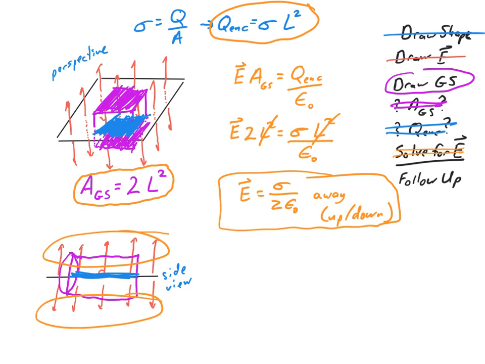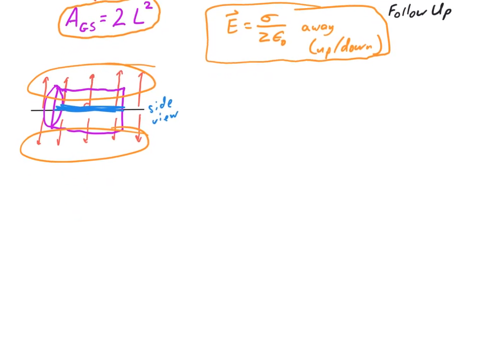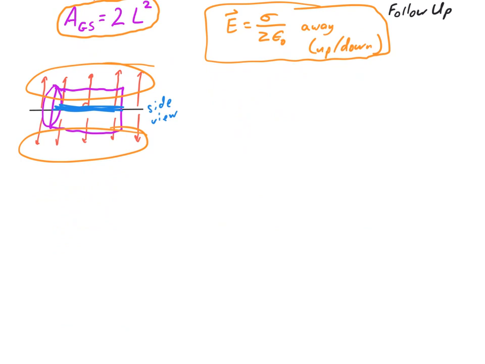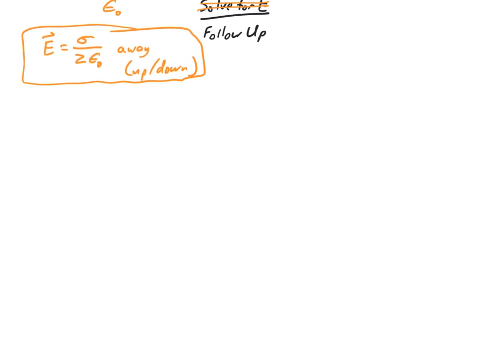I'm going to do a follow-up. And for the follow-up, I'm going to consider what's called a parallel plate capacitor. Okay. And I'm going to just do the side view on this new one. In this follow-up, we've got a positive plate here, and we've got a negative plate here.